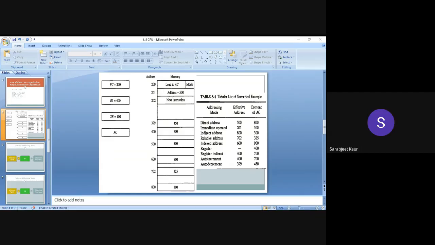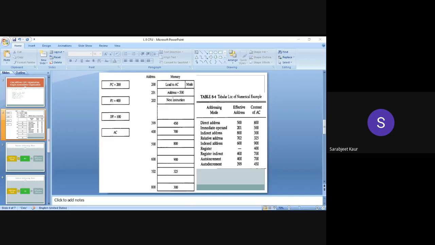If this index register holds the value of I, you can think of it as A[I]. The base address comes here and the value of I comes here. So the first address is 200 plus 0, and I get the effective address of the first element. Then I just increment the value of IR.